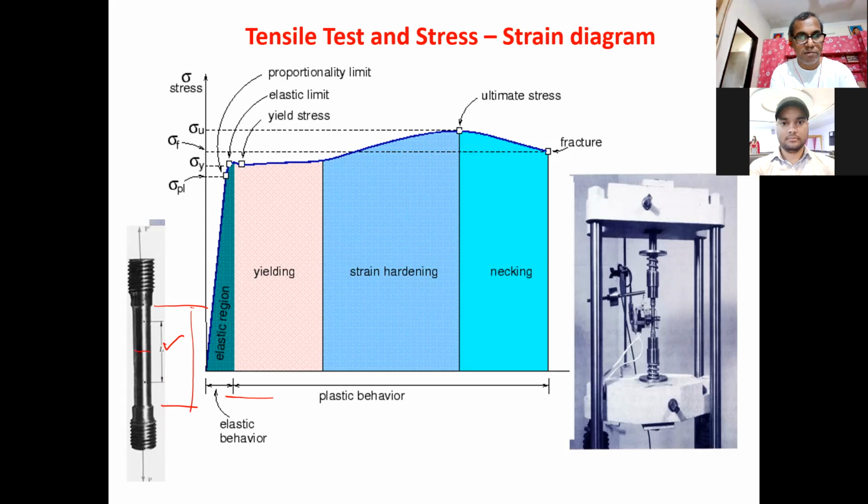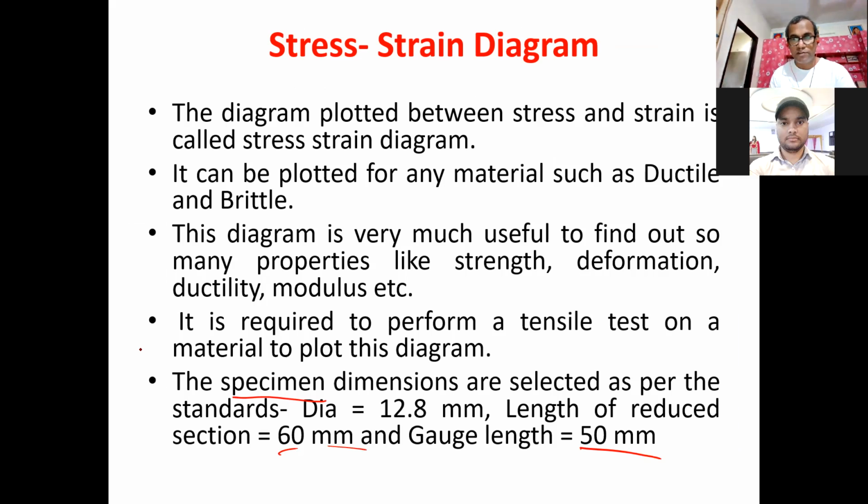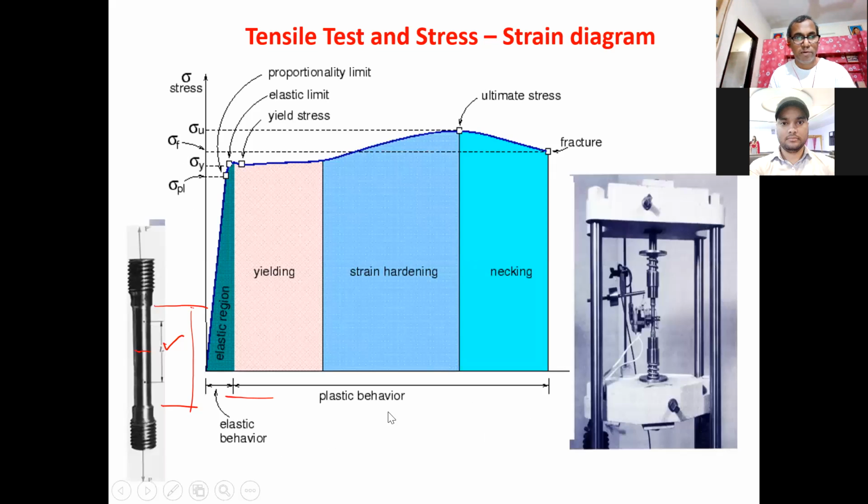We'll say this will be the diameter, and this diameter is normally taken as 12.8 mm diameter. It is in case of the metal. So it is normally this length is taken 4 times of this. Okay, agree? Understand? Okay, sir.